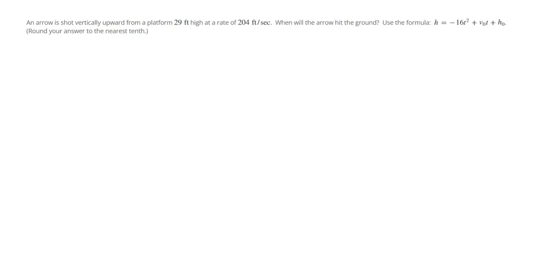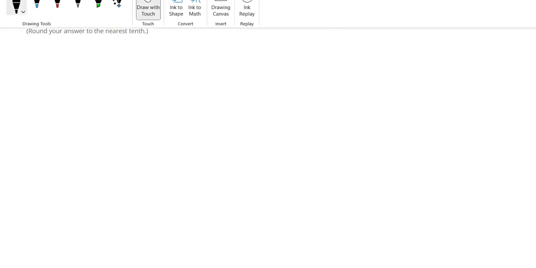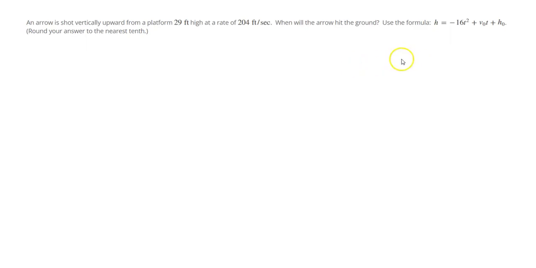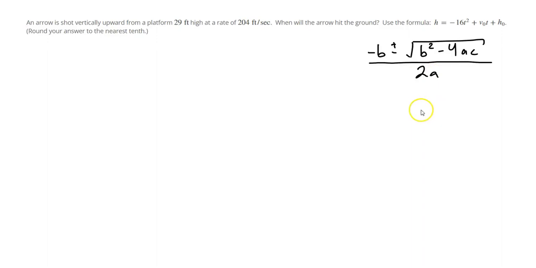Okay, first off, we know we're going to use it, so let's go ahead and write in our quadratic equation, which is going to be negative b plus or minus the square root of b squared minus 4ac all over 2a. Now let's start dissecting everything.